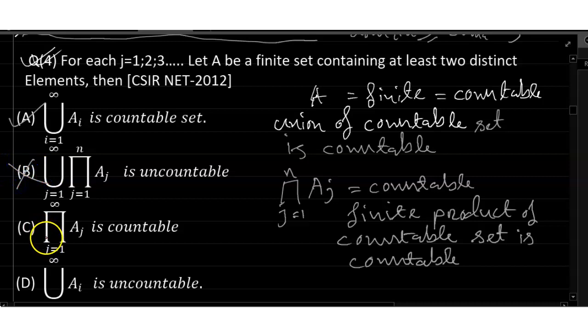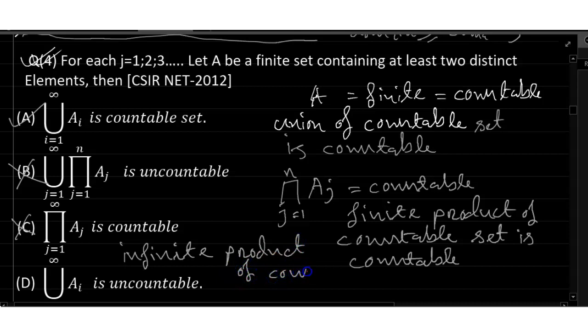And after that, the product of j = 1 to infinity is also wrong, because an infinite product of countable sets is uncountable.